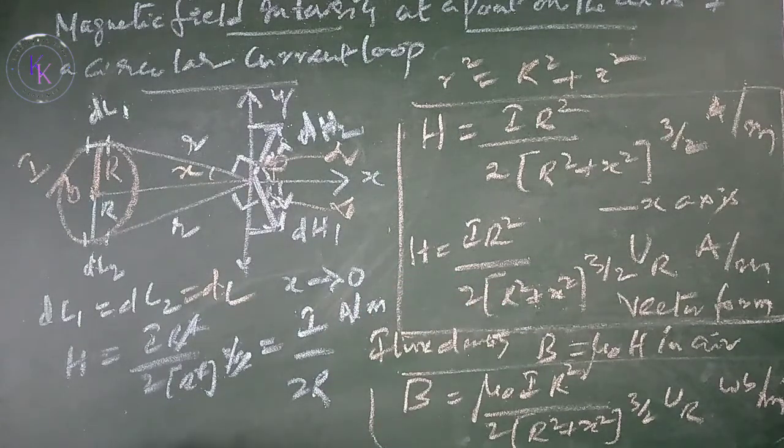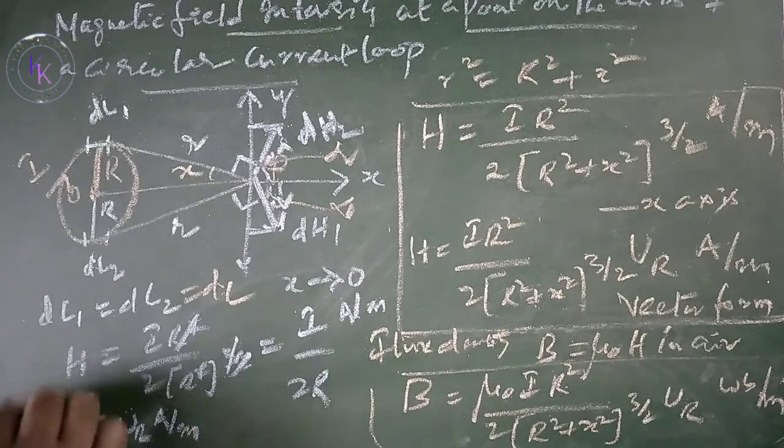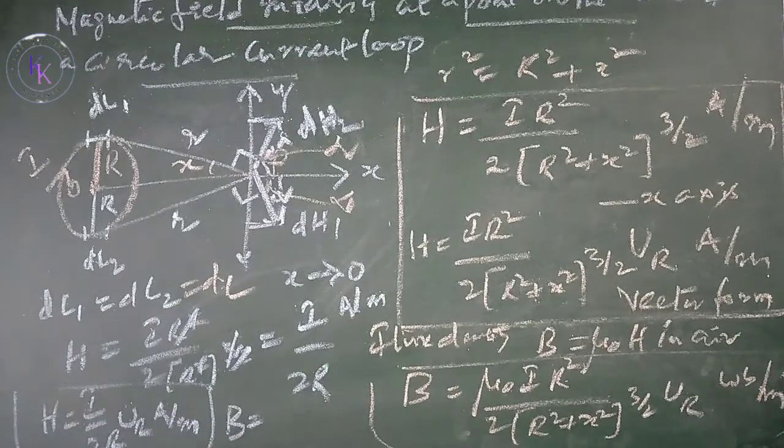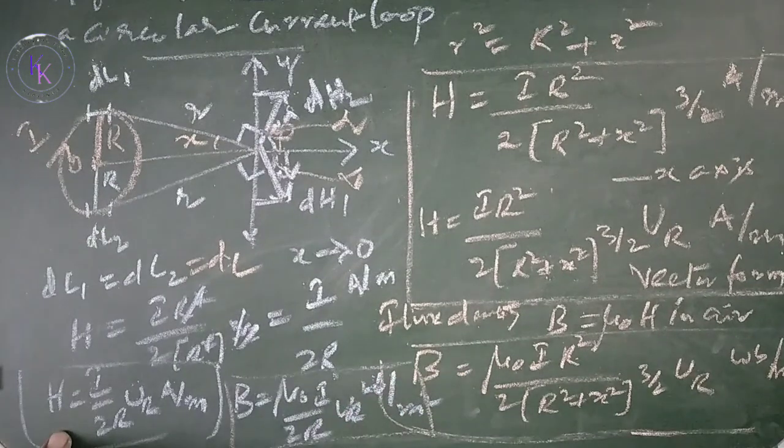In vector form, H equals I by 2R ur amperes per meter. Flux density is mu naught I by 2R ur Weber per meter square. This is the magnetic field intensity at the center of the circle, and this is the flux density at the center of the circle, which are similar to our previous video.